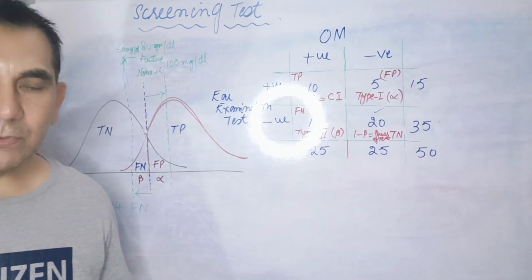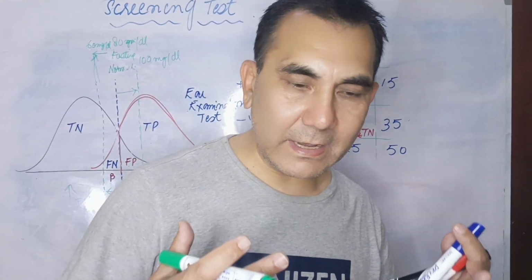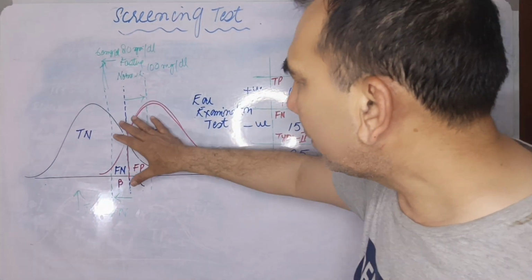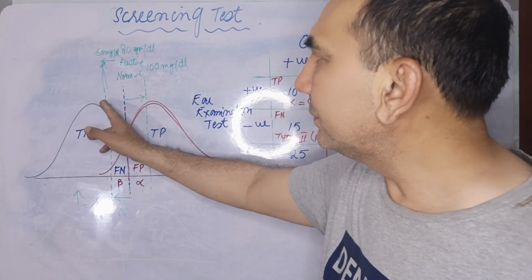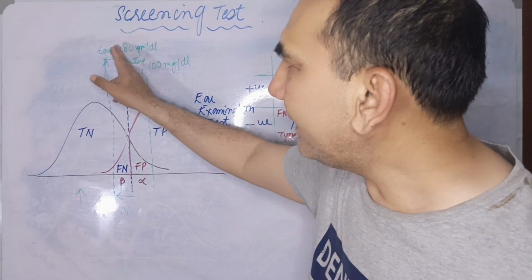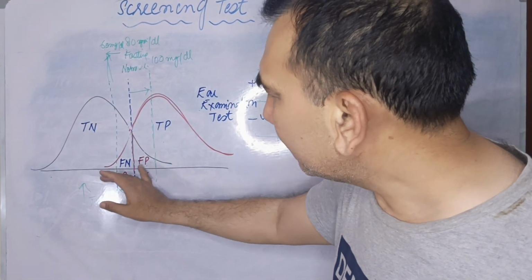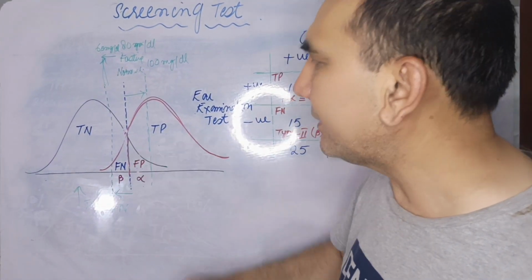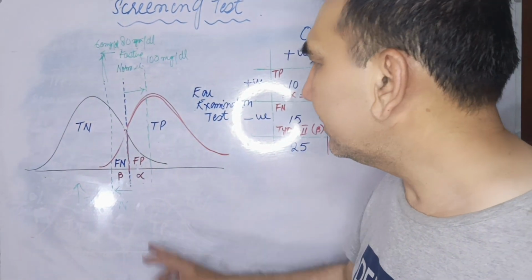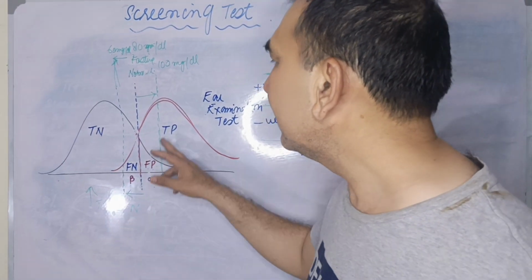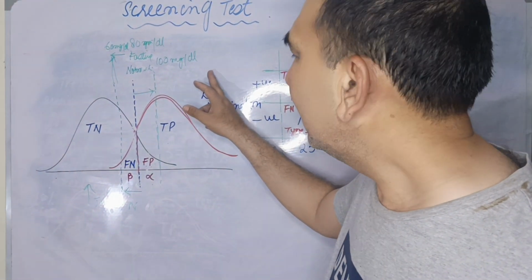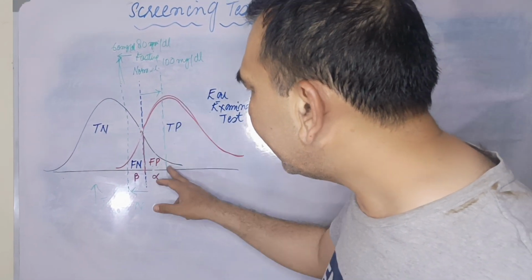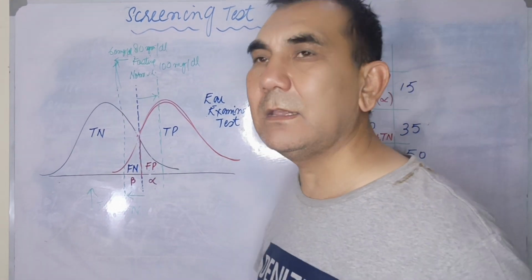So this is an example you should know about. When you decrease the cutoff value of any test, you will increase the false positive and true positive; when you increase the cutoff value, you decrease the false positive and true positive.